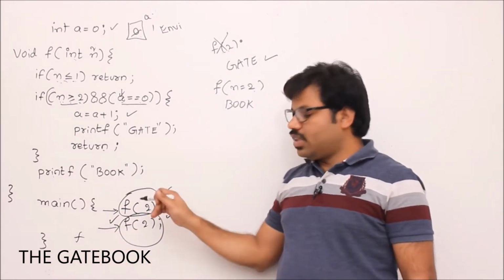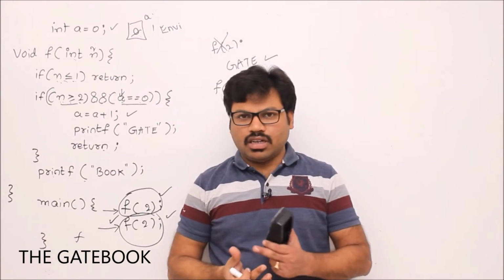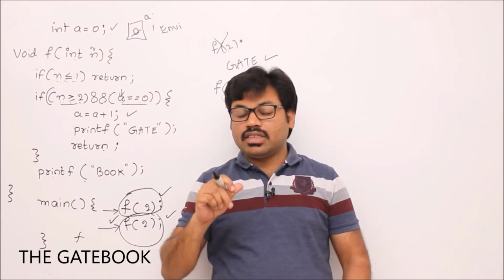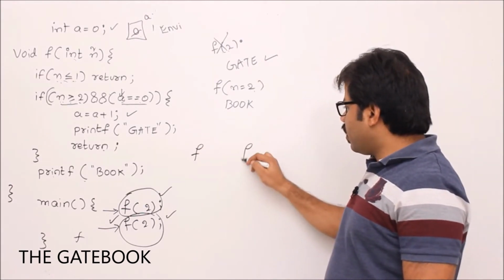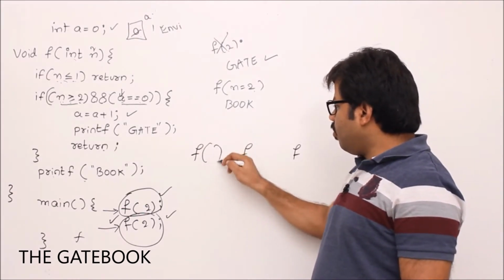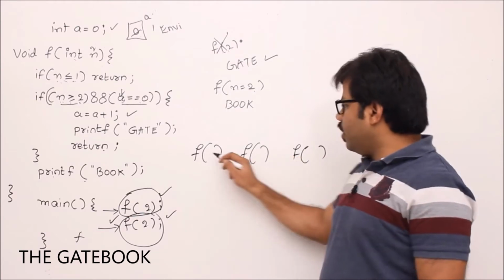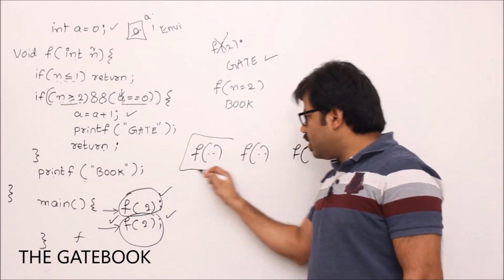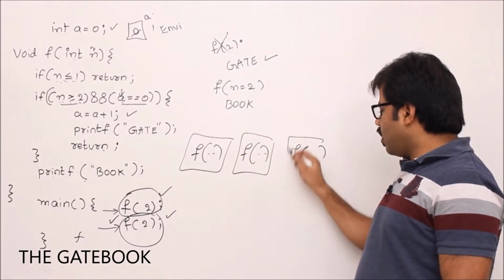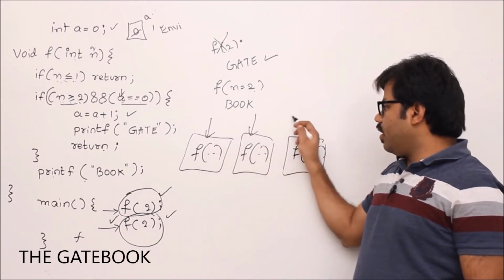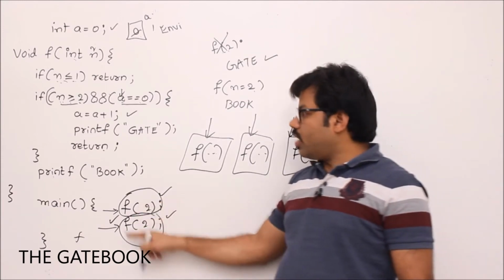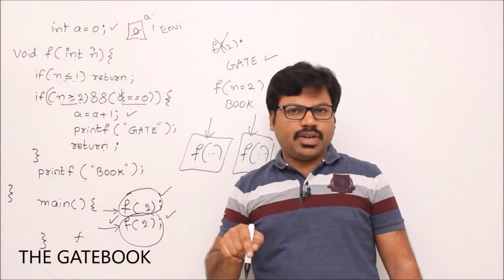Even for a recursive method, if it depends on the environment, then with function calls with the same parameters and same values, it is important whether all these calls work on the same environment. Here these two function calls are not working on the same environment.